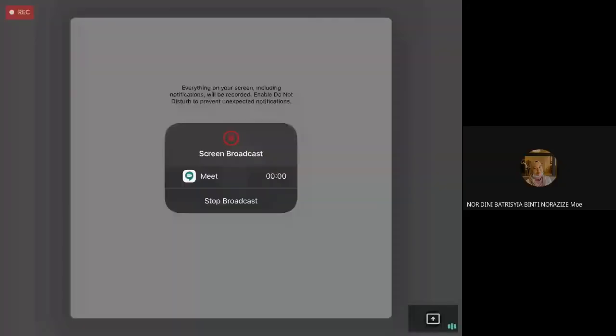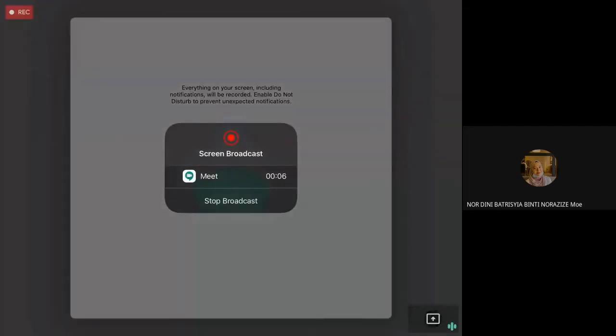Mana pula muka surat ni? Okay, ada soalan tak? So, P equal to mv kan? So, soalan dia tadi dia nak apa? Initial momentum.